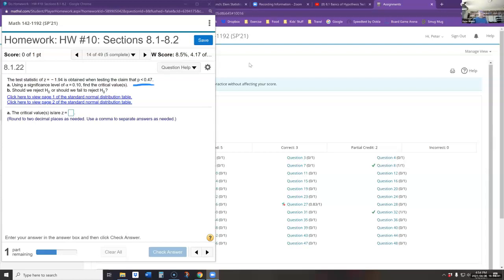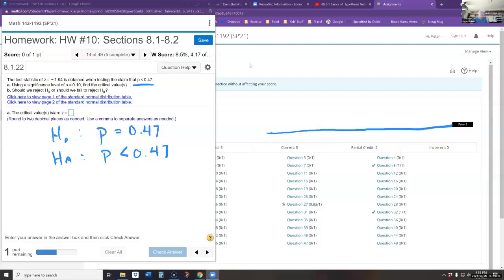If the claim is that the proportion is less than 47%, then the null hypothesis is that the proportion is equal to 0.47, because the null hypothesis always includes equality. The alternative hypothesis is that the proportion is less than 0.47.